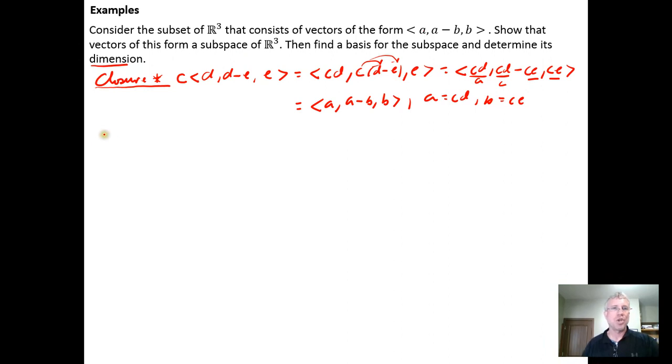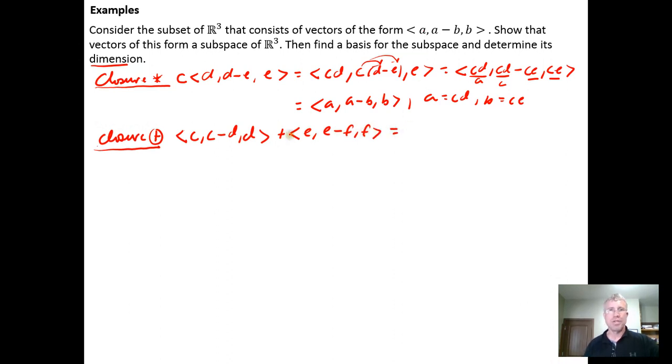Now we need to show closure under vector addition. So we take two vectors of the correct form. I'm going to take (c, c minus d, d), which is a vector of the form (a, a minus b, b), and add it to another vector of the same form, (e, e minus f, f).